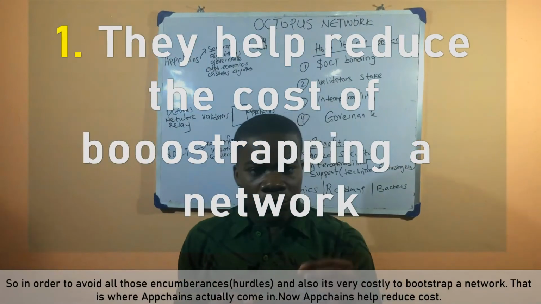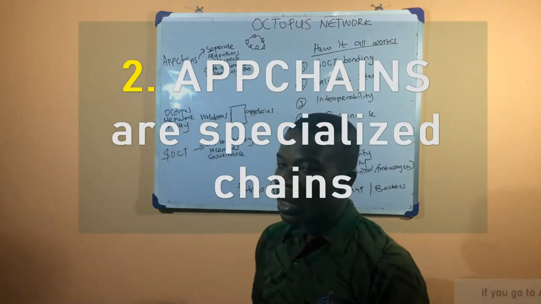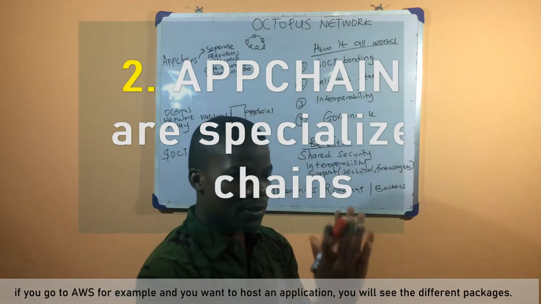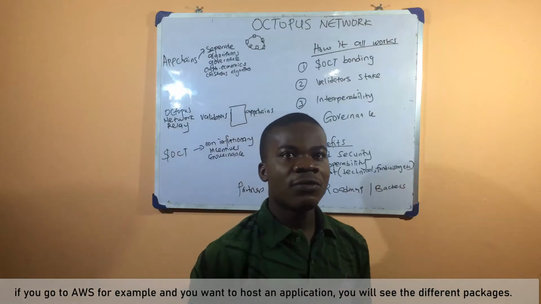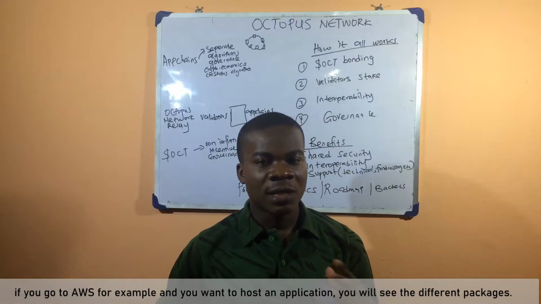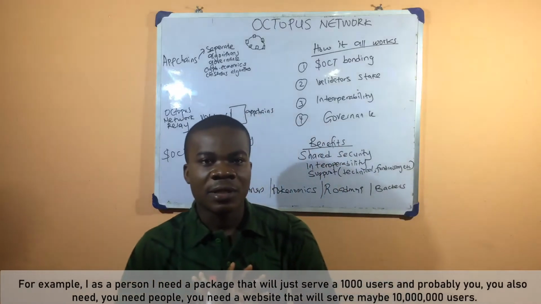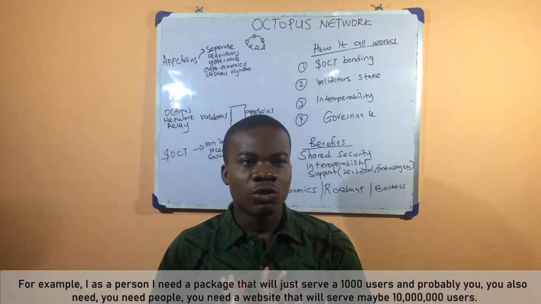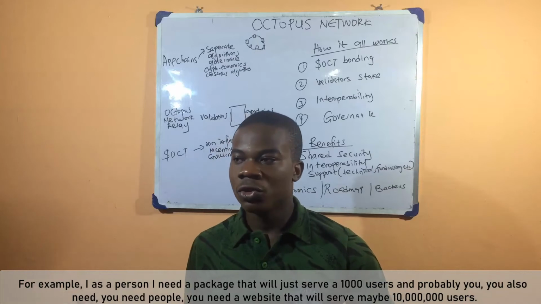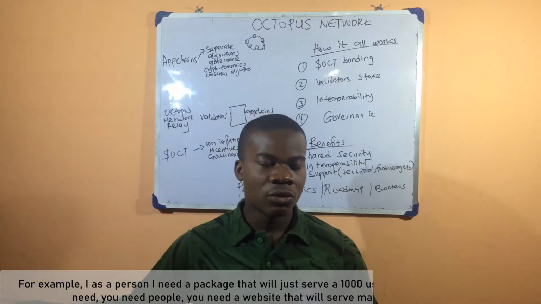Appchains help reduce cost, number one. And number two, it's compared to a specific chain. If you go to AWS, for example, and you want to host an application, you will see different packages. I might need a package that serves 1,000 users, while you need a website that serves 10 million users.